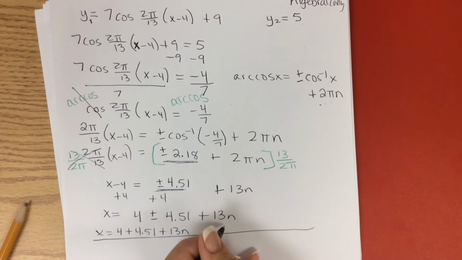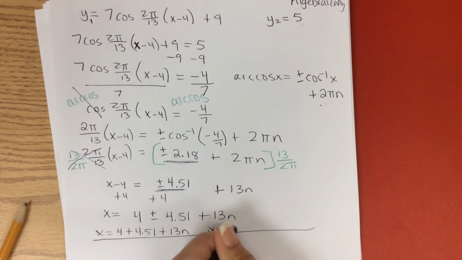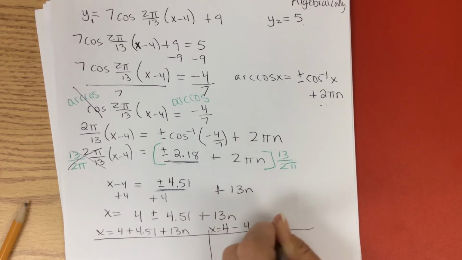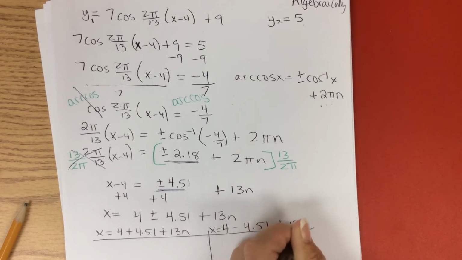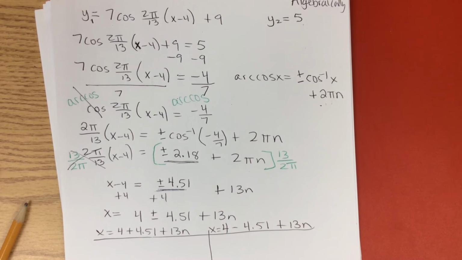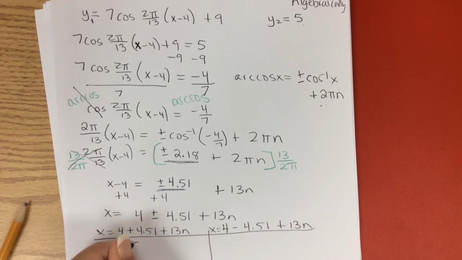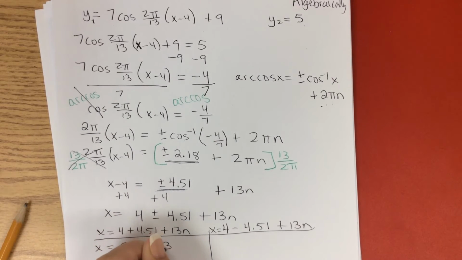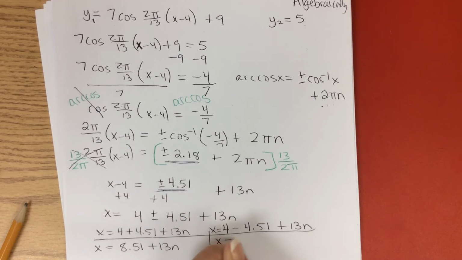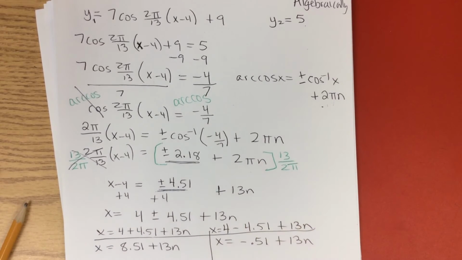The other side is 4 minus 4.51 plus 13n. Is it okay if we just write down negative 0.51 plus 13n? Sure. Just when in doubt, show lots of work. If you do make a careless mistake, the more work you've shown makes it easier for me to figure out: is it a little mistake or a big mistake?